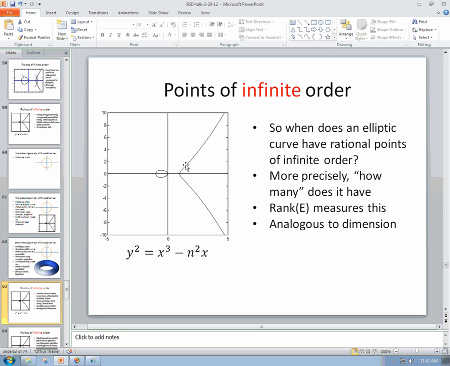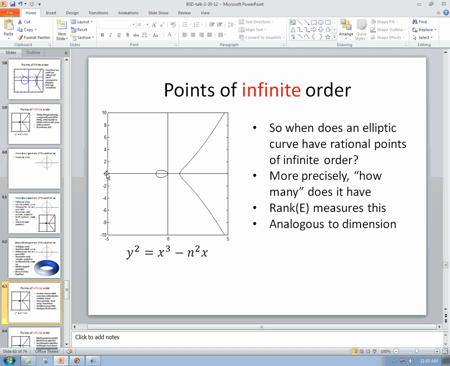But it turns out that you can look at how many genuinely different infinite families there are. It's very analogous to measuring the dimension of a space. Like if I look at the whole infinite plane, I can't count all the points in the plane. There's an infinite number of different possible points.